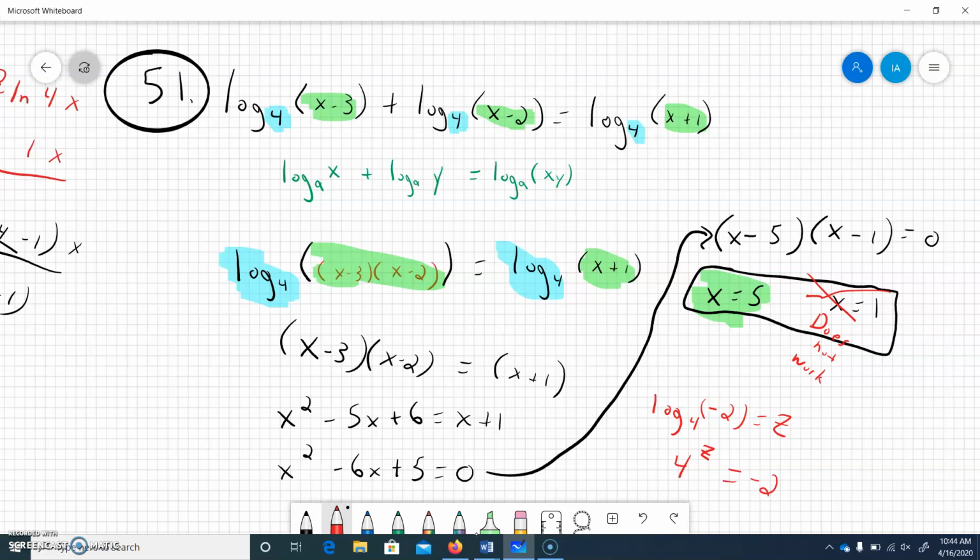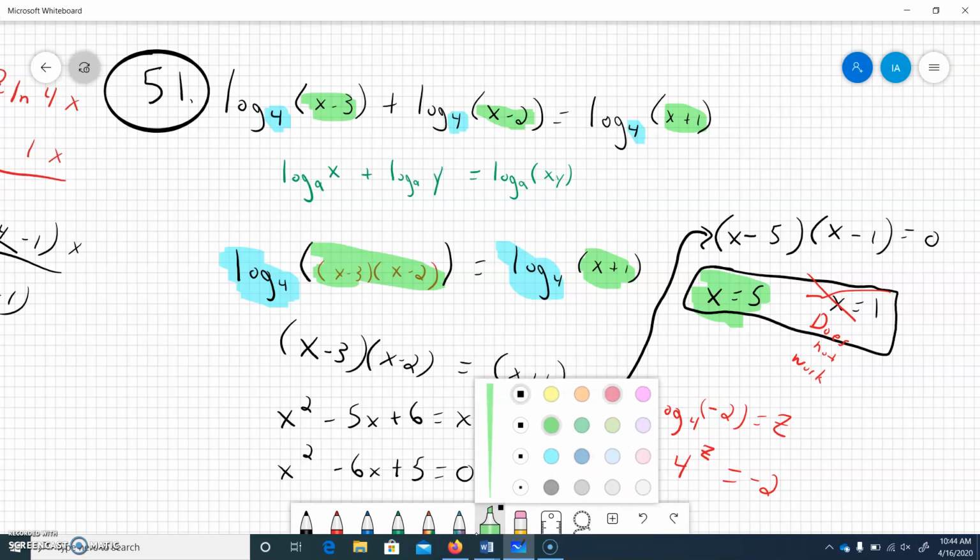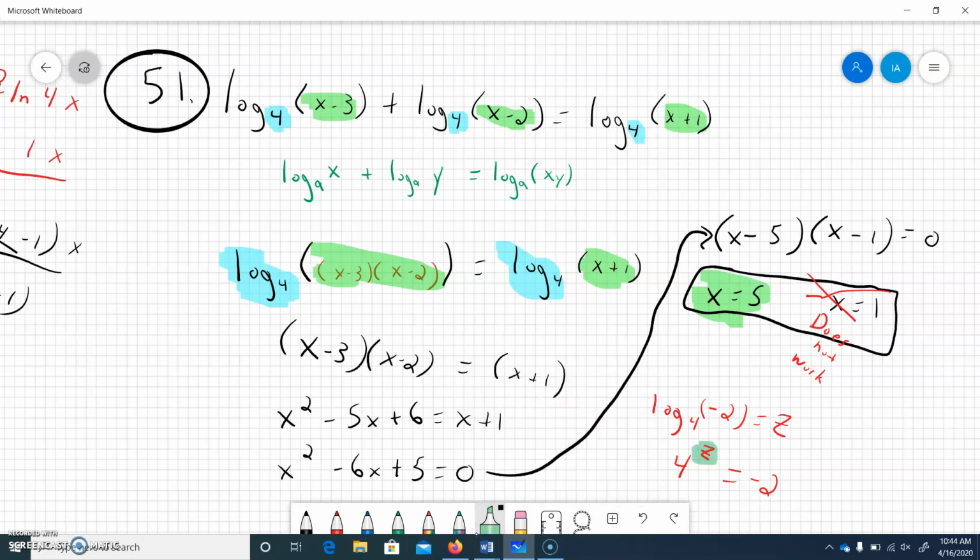Well, remember, no matter what this exponent is, it just makes the number bigger or smaller. It's either dividing by 4 a lot of times or multiplying by 4 a lot of times. It's not going to change the sign, because really the only thing on this left-hand side is a bunch of 4's interacting with each other. How many 4's is determined by the z. But all those 4's are positive, so you can't do anything with all those 4's to get a negative number. So that's why this negative 2 does not work.